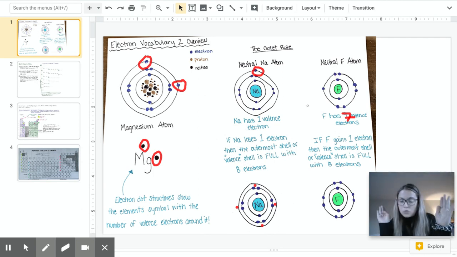Oh my gosh, guys, I'm so sorry, I'm having a brain fart. Are we going to lose 7 electrons, or are we just going to gain 1? Well, gaining 1 is easier than letting go of 7. If we gain 1 more electron, then our outermost shell has 8 electrons and it's happy. See, we gained this 1 electron here, and now we're at the great state of 8. That's the octet rule.